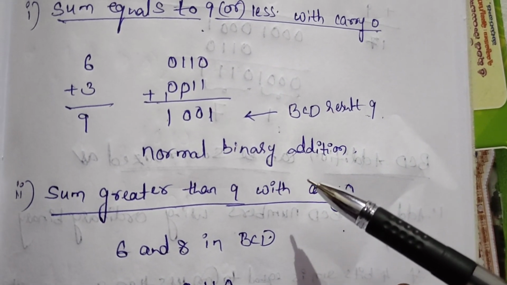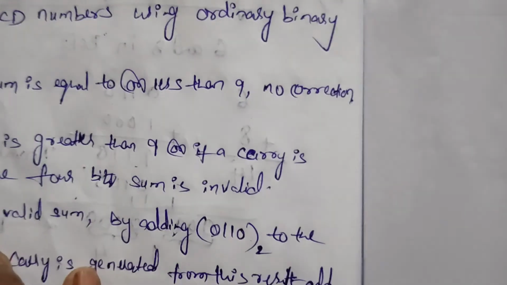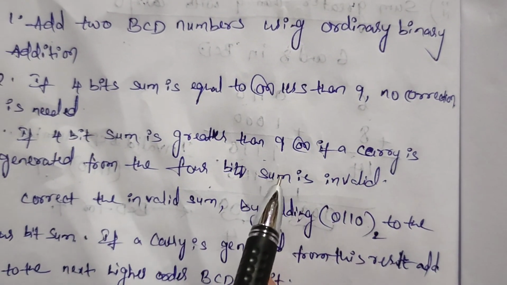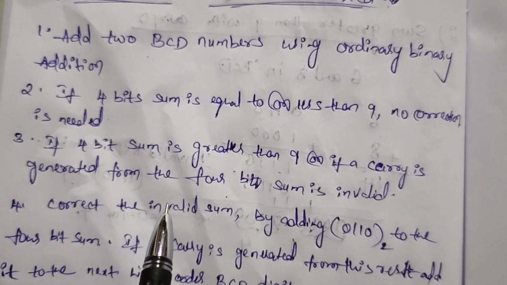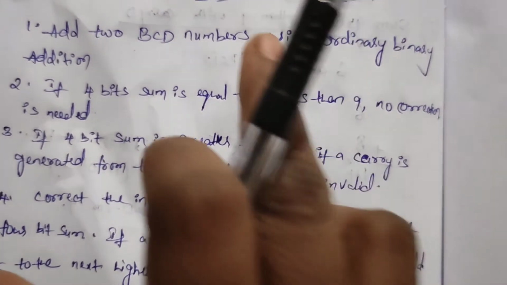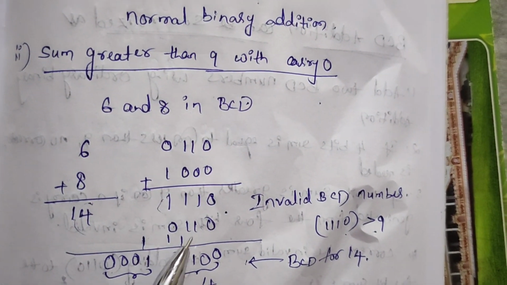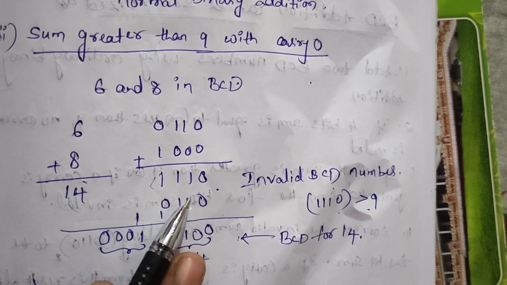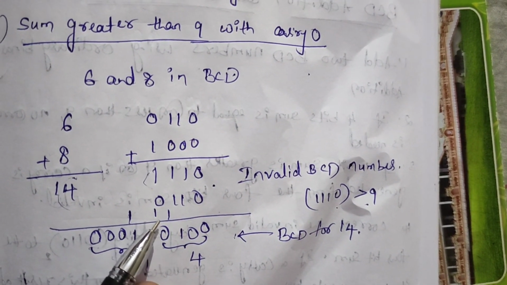The sum is BCD only. And in the second case, the sum is greater than 9, so it is invalid BCD. It is to be corrected by adding 0110, that is 6. 6 is added to the invalid sum, so we obtained the valid BCD for 14.